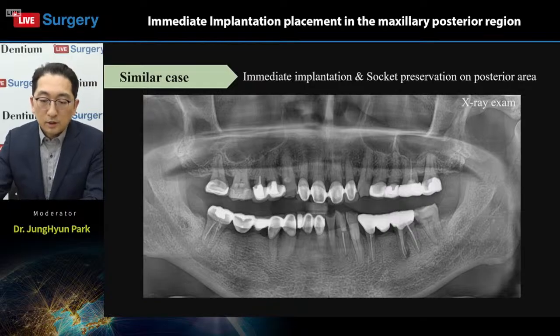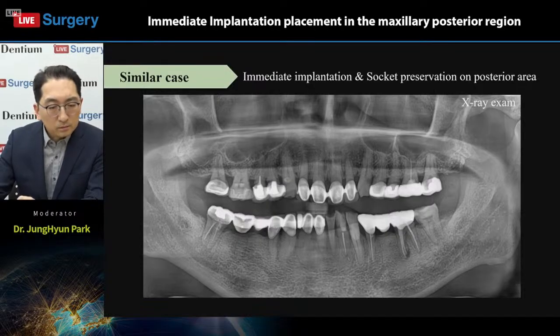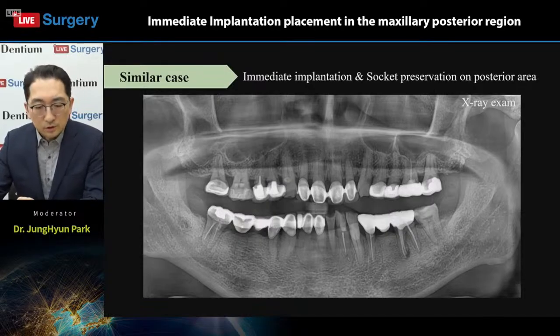Let's look at a case similar to today's surgery. This patient visited due to pain in tooth 47, complaining of a periapical lesion and pain during mastication.